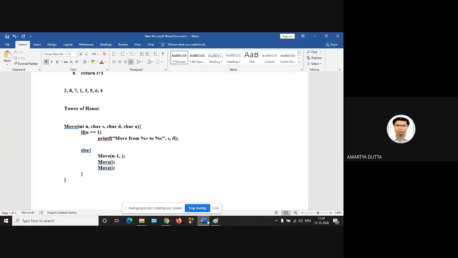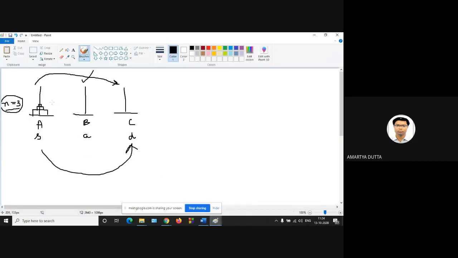First of all, we have to move the n minus 1 disks, that is the upper n minus 1 disks, from the source to the auxiliary. Then we have to move the largest disk from source to the destination. Then we have to move the n minus 1 disks from the auxiliary to the destination.